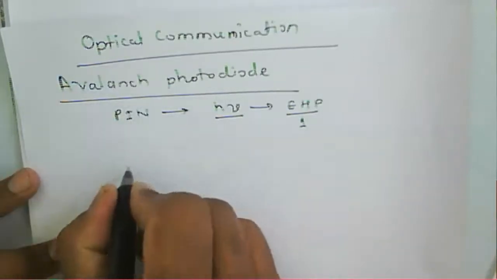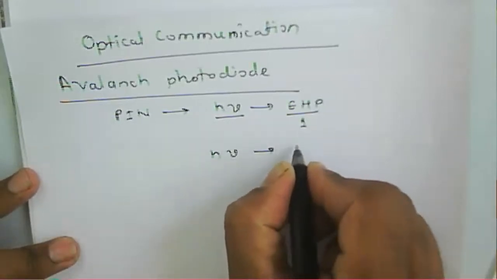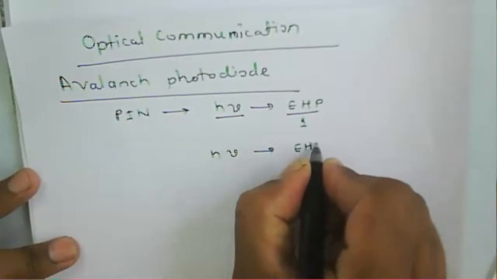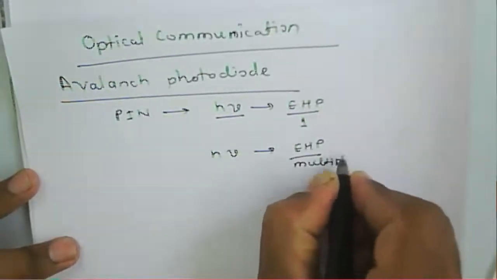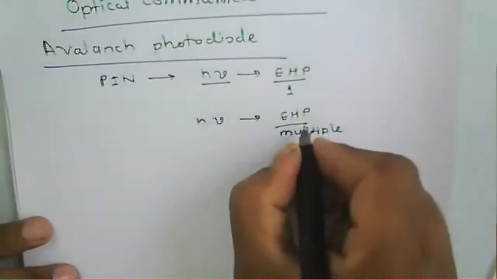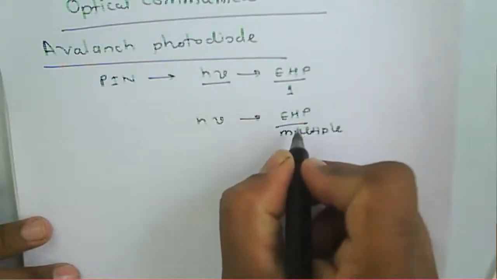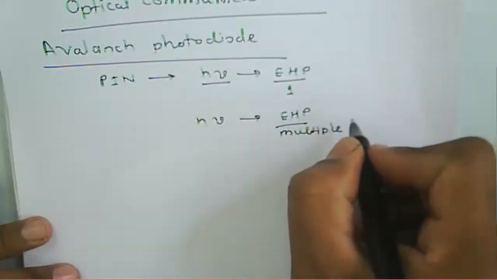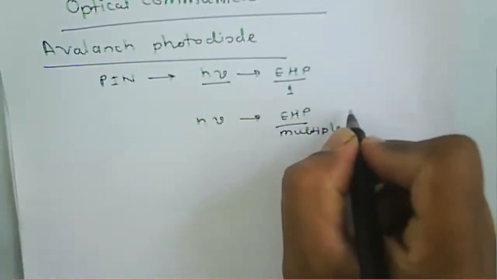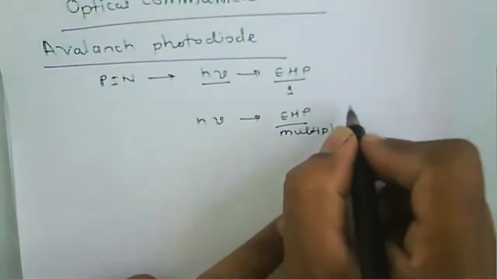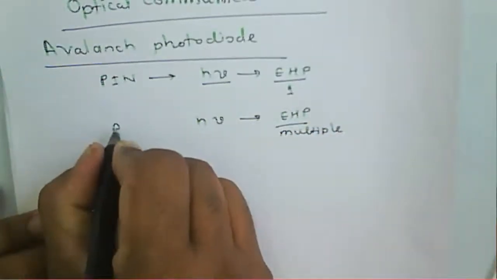In this, for a given incident photon, it will not generate only a single electron-hole pair, it will generate multiple electron-hole pairs. That's why this avalanche photodiode is called a multiplier, or we can say that avalanche multiplication takes place inside this avalanche photodiode.